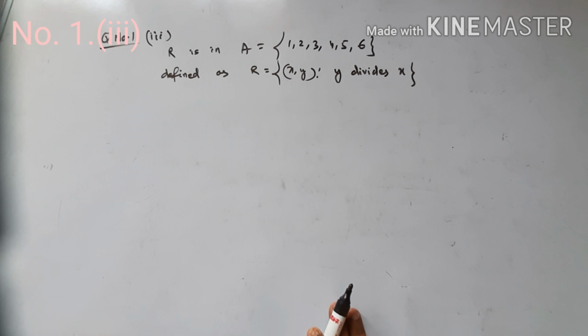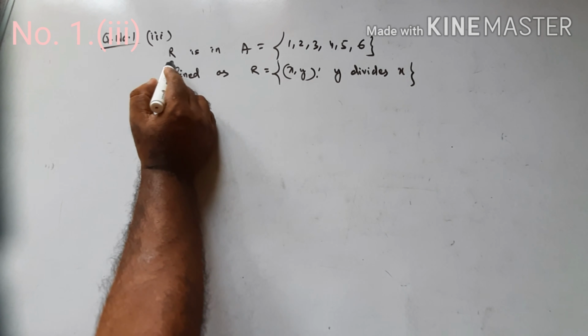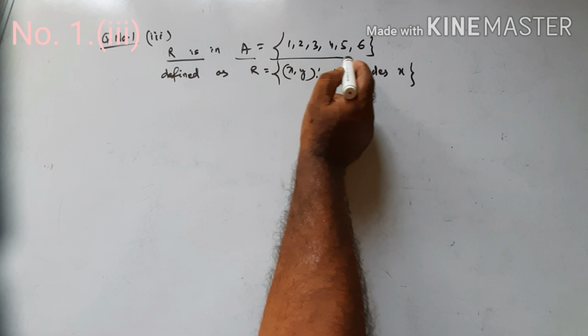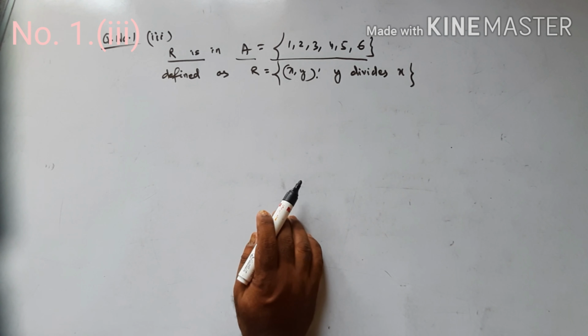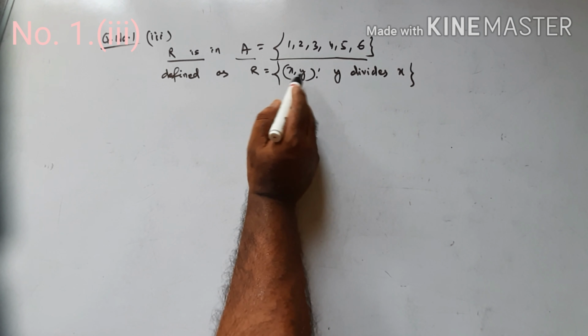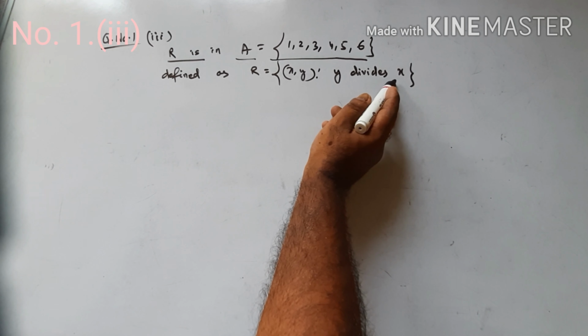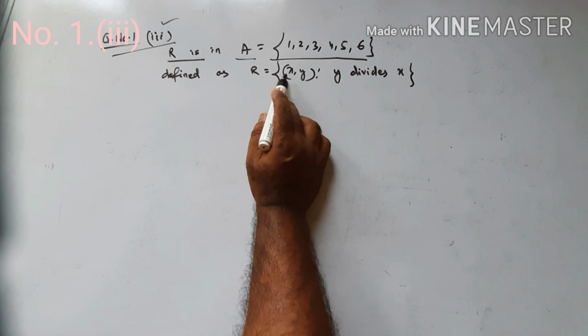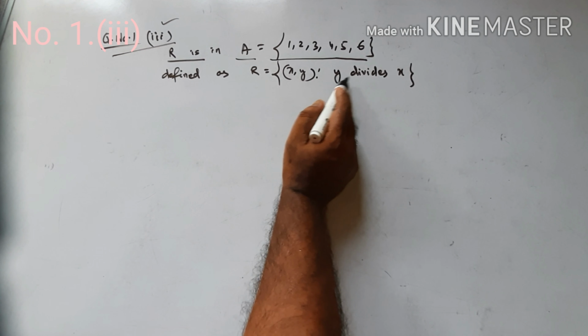Now we discuss the relation R in the set A, where A contains 1, 2, 3, 4, 5. Then define R as (x, y) such that y divides x. This is the relation for question 1, third part. Now (x, y) is an ordered pair such that y divides x.